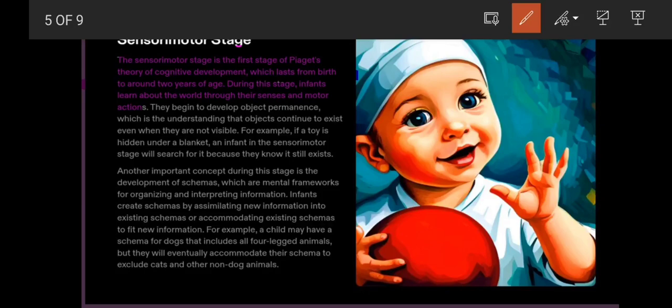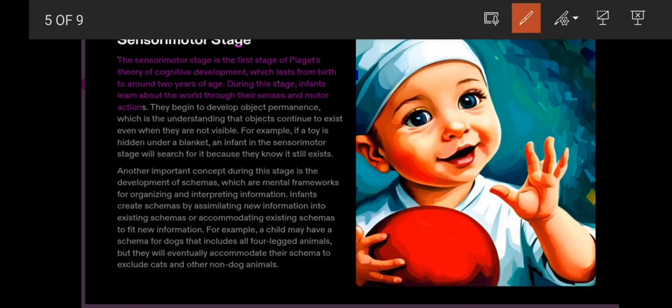For example, you might have seen that if a child sees any object, first the child will take that object and put it into his mouth. From this he checks what this material is and what its taste is. So he learns through his senses, like seeing, touching, tasting, and hearing.